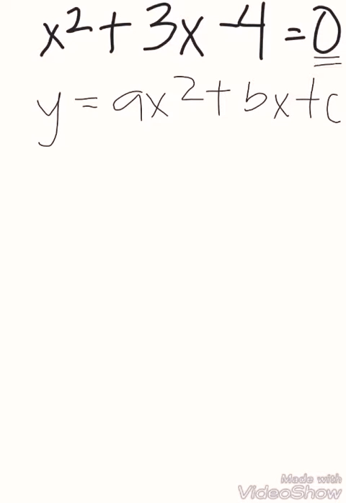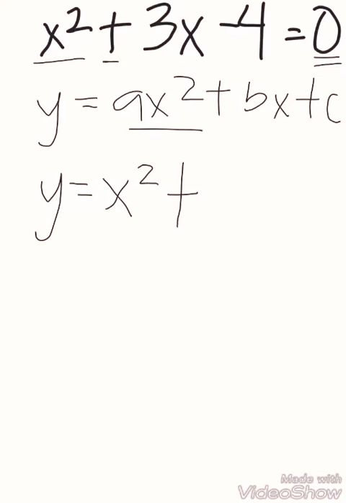The 0 will stand for the y. The ax squared is the same as the x squared, so we have x squared plus 3x, because the bx is 3x, and then the last one is the only number, negative 4.